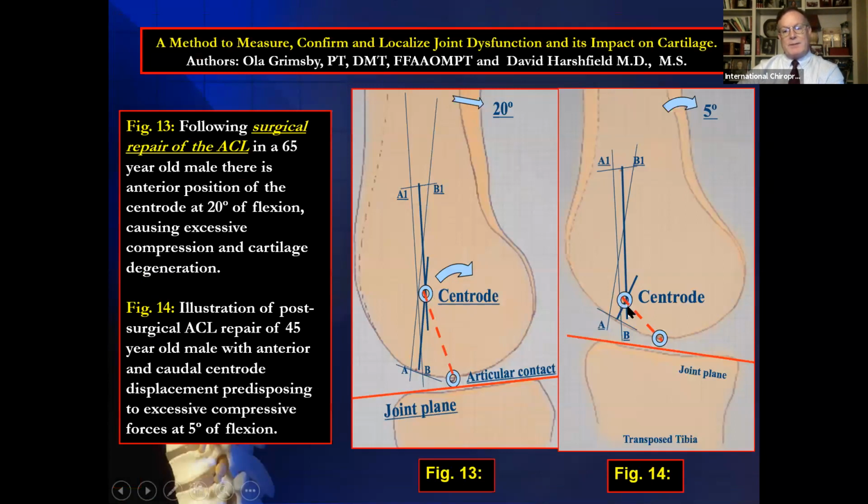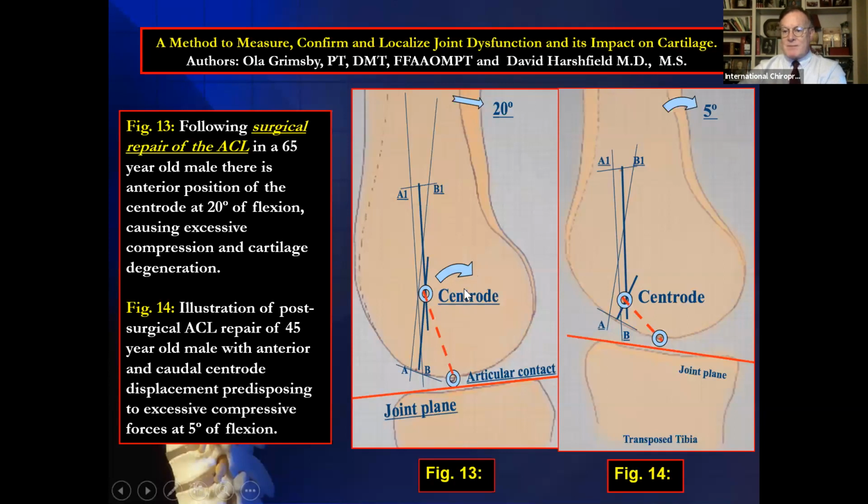If it's too loose, it moves it down here and posterior. And all this does is create compression and abnormal range of motion. It wears out the joint a lot faster. So we're not man-made, okay? So it's hard to put the cruciate ligament back, and that's why we're doing stem cell injections into the cruciate to restore it, and with proper exercise and whatnot, you can restore the axis of rotation.